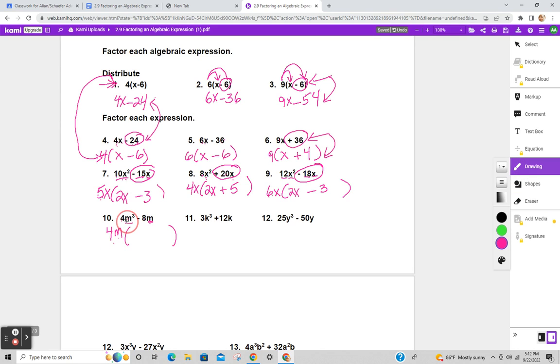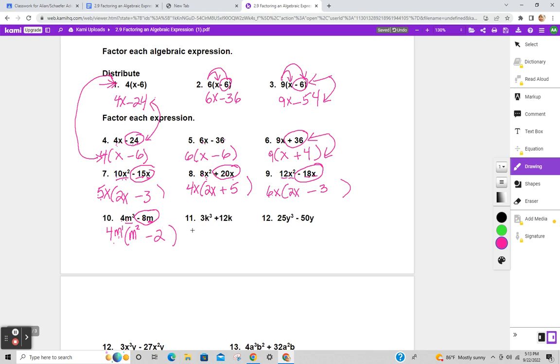That's just going to be m squared, because we have m here to the first, and m squared will give us m cubed back. And 4m times what will give us minus 8m? Well, it's just going to be 2.